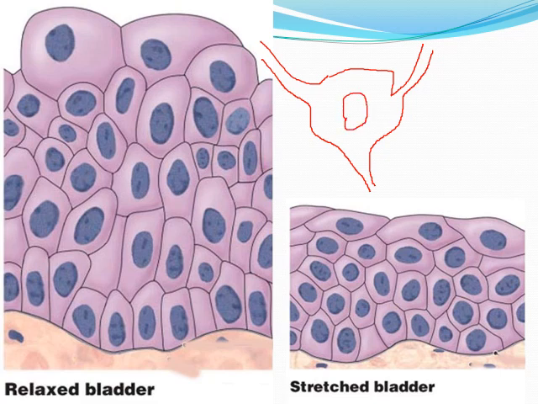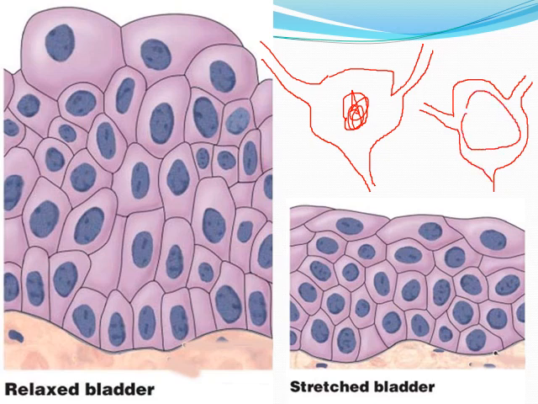When it's full of urine, you have a desire to micturate. If the condition is not suitable to micturate, the bladder will distend, at the expense of the lining epithelium.